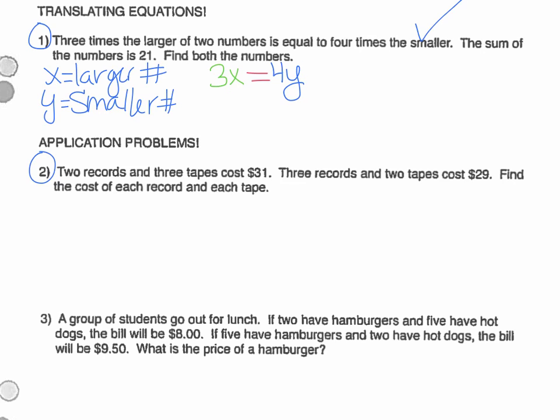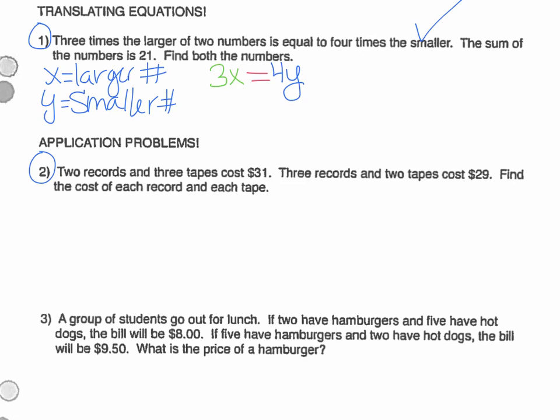Now we want to look at the second equation here. The sum of the numbers is 21. Sum of the numbers. Well, sum, if you remember from Algebra 1, means to add. So we want to be adding these 2 numbers together. And yes, you can use a guess and check method, but I really want you guys to be using substitution or elimination to figure this out.